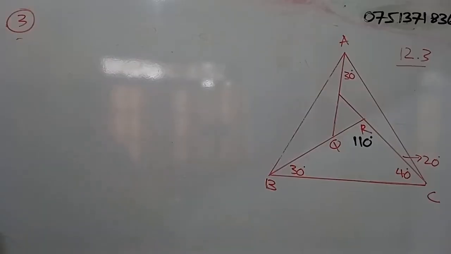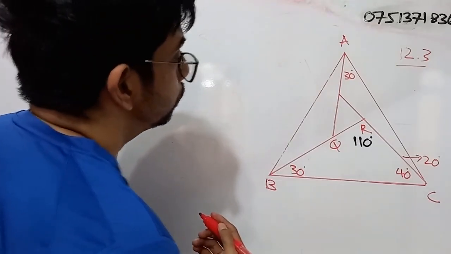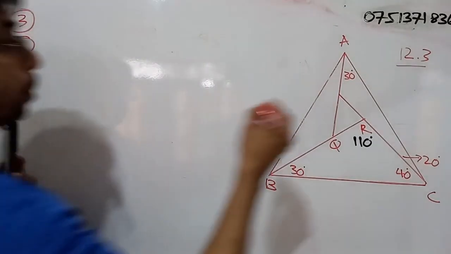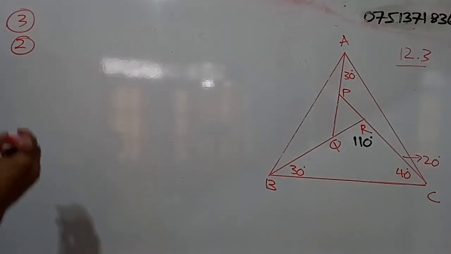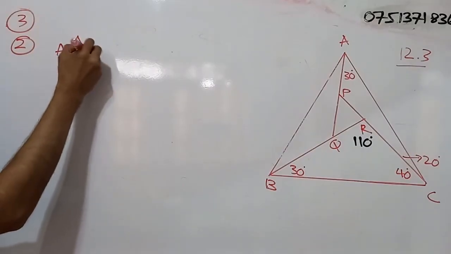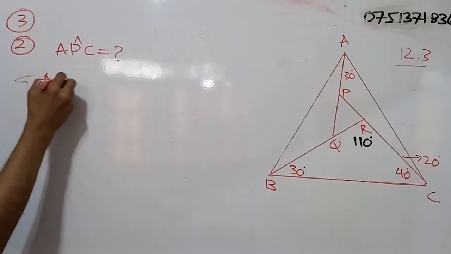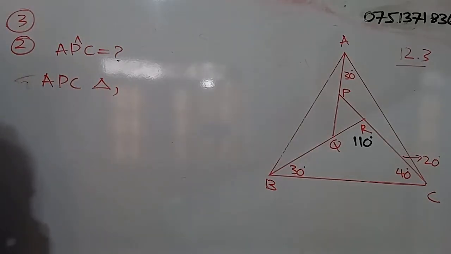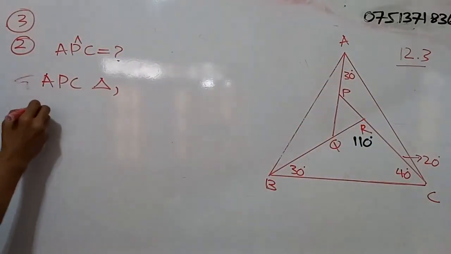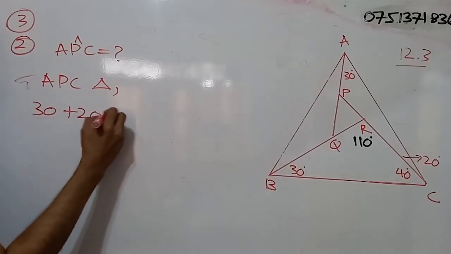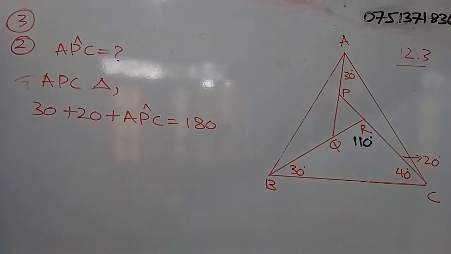Then part 2, what do we have? APC. So here I have forgotten to mark P. So P is here. Right, APC. Okay, so we have to calculate the angle APC. So if we think about the triangle APC, right? So in this triangle, we can write 30 plus 20 plus APC, that is equal to 180 degrees.